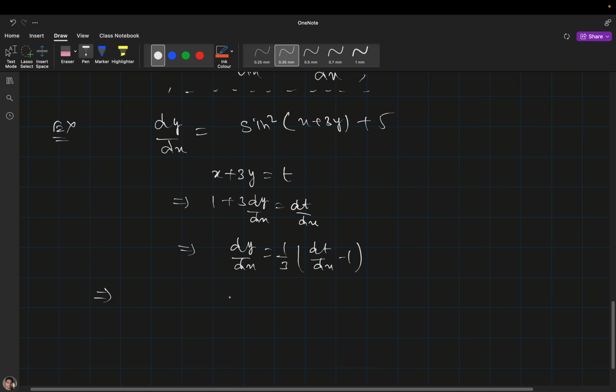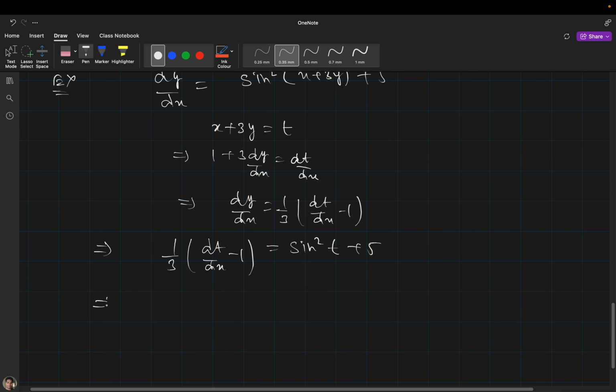So in place of dy by dx, I will write 1 by 3 dt by dx minus 1, and this will become sine square t plus 5. Now you will get dt by dx equal to 3 sine square t plus 15, and this minus 1 will become plus 1.